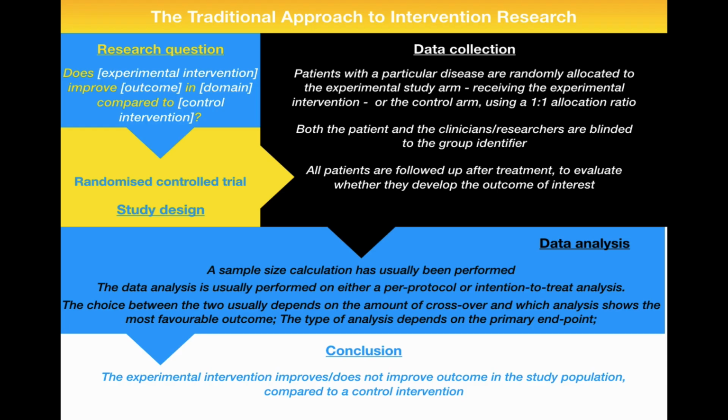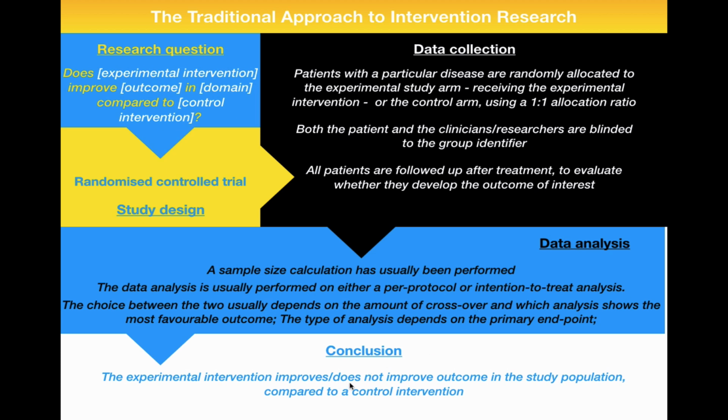Now, there are still things to improve though, and we will go into these in detail in this lesson, but for now, very briefly, you should in advance specify in your study protocol whether you are going to use a per protocol analysis or intention to treat analysis. And you should definitely not let that choice be based on which analysis shows the most favorable outcome, but also not the amount of crossover that you will observe.